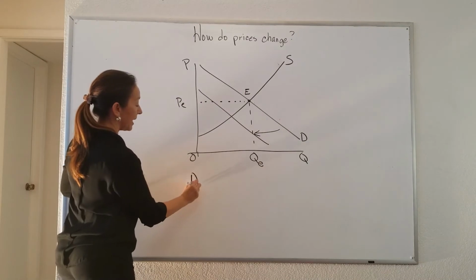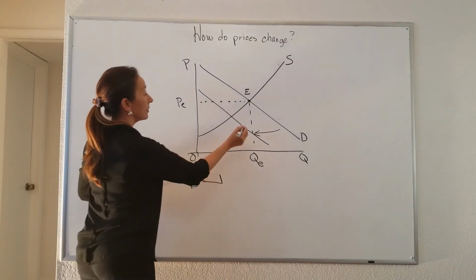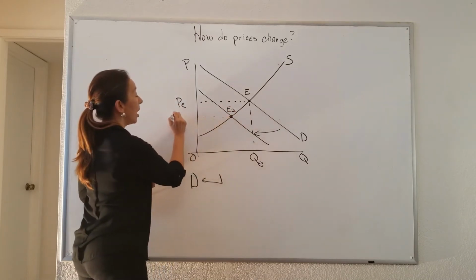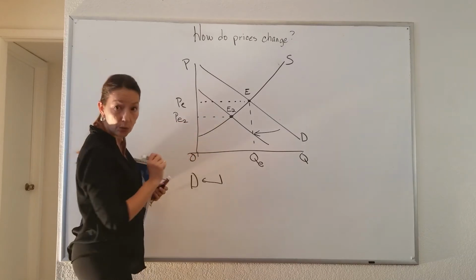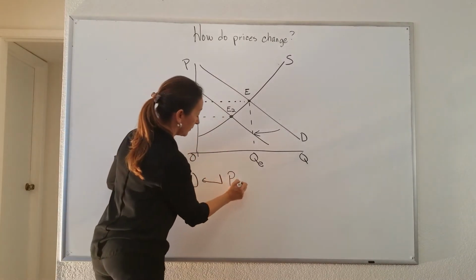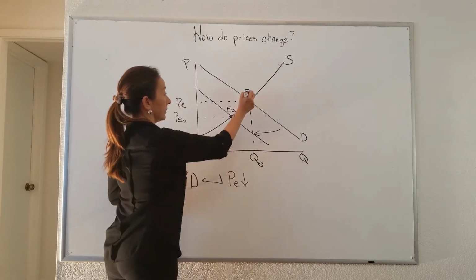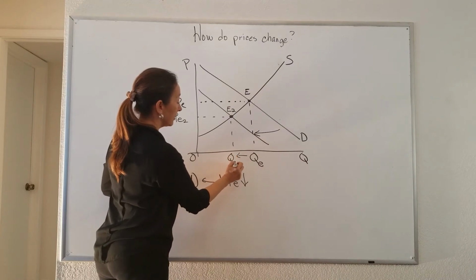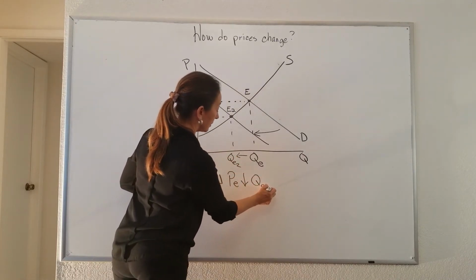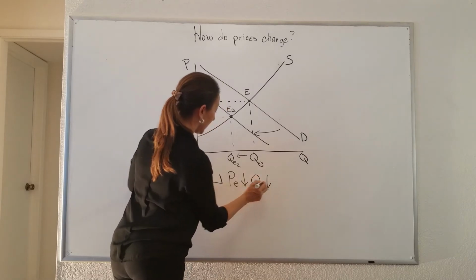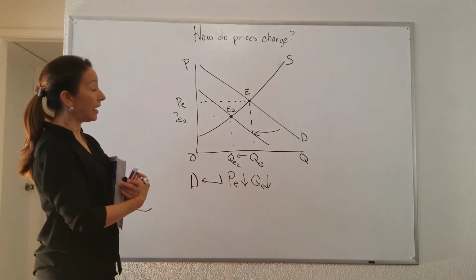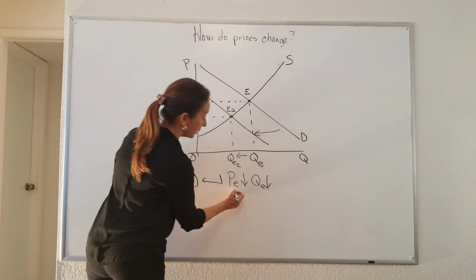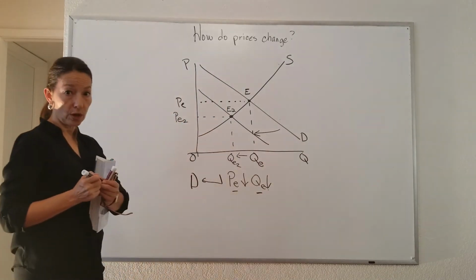We know that if demand shifts to the left, at E2, our equilibrium price is lower. Okay, at E2, our equilibrium quantity is lower. So we already know that if demand shifts to the left, equilibrium price and equilibrium quantity will result in lower prices and lower quantity demanded.